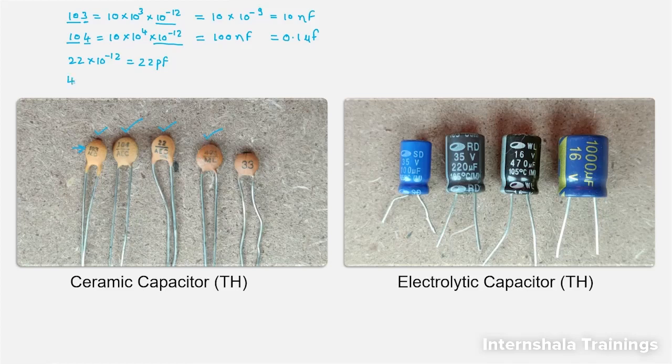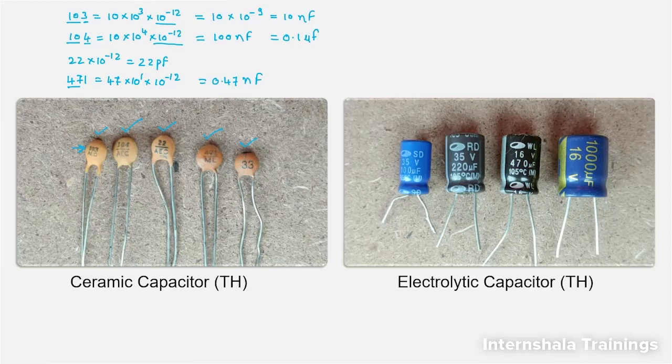Let's consider the first two digits. It's going to be 47 into 10 to the power 1 into 10 to the power minus 12, so it's 0.47 nanofarad. And in the end, this one is 33 into 10 to the power minus 12, which gives us 33 picofarad.